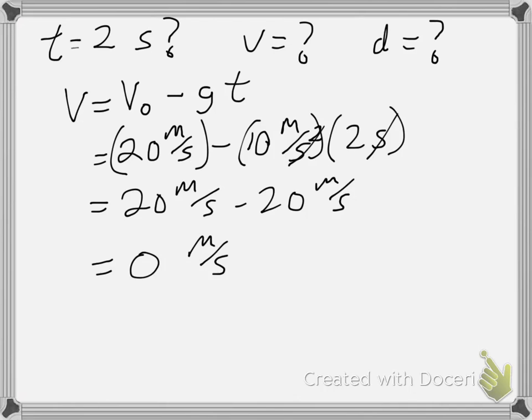Okay, so here's an interesting point. This is what's known as the turning point. At this point, this is when the object ceases to move up and then starts to move back down.